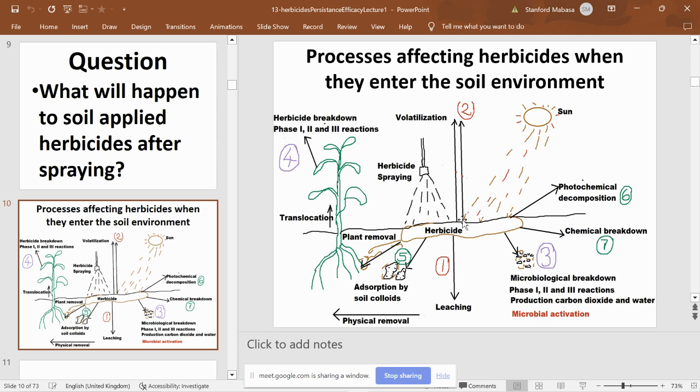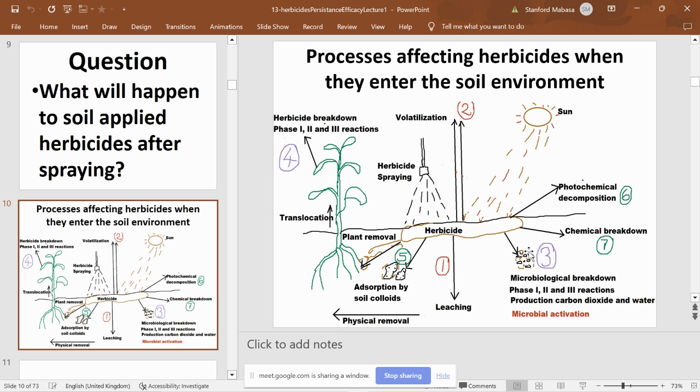This is a function of its physical characteristic known as vapor pressure, so it can easily be lost. Number 3, in the soil we do have microbes with the capacity to break down these herbicides.